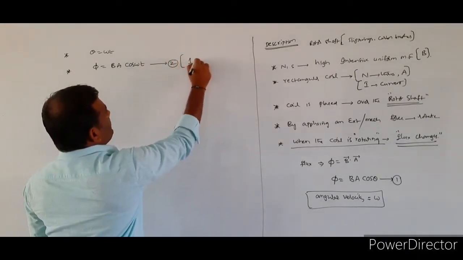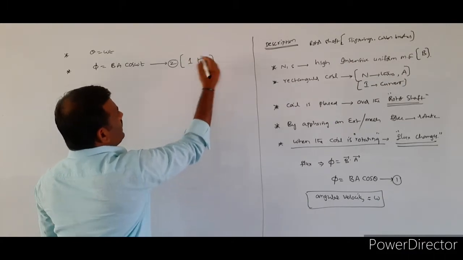So the flux phi indicates the amount of flux linked with a single turn.